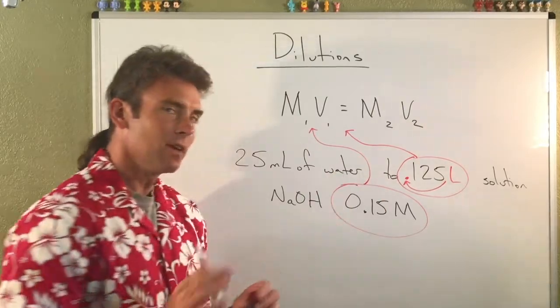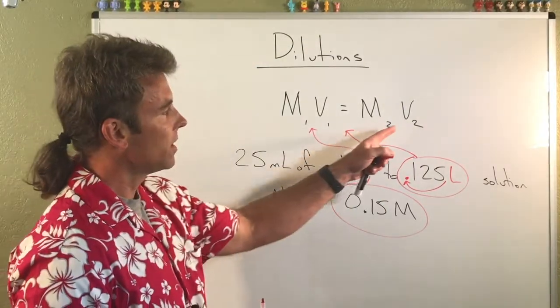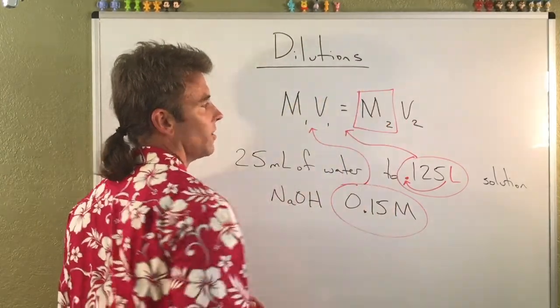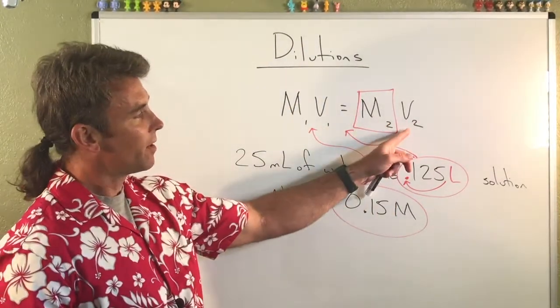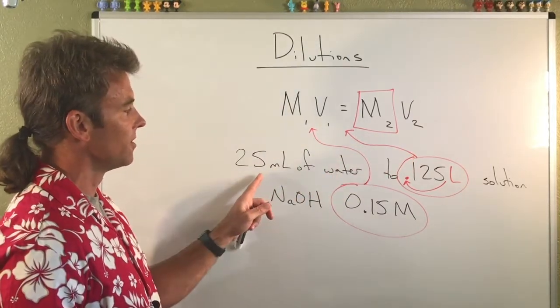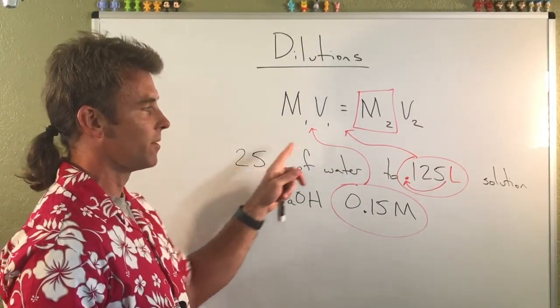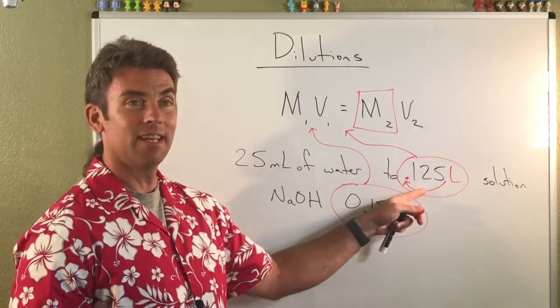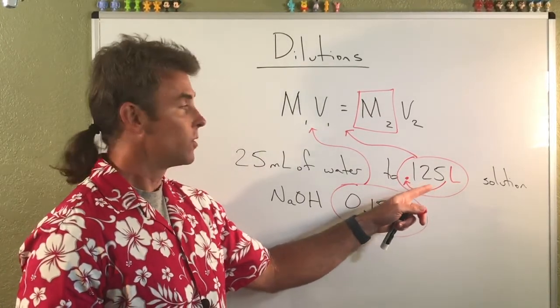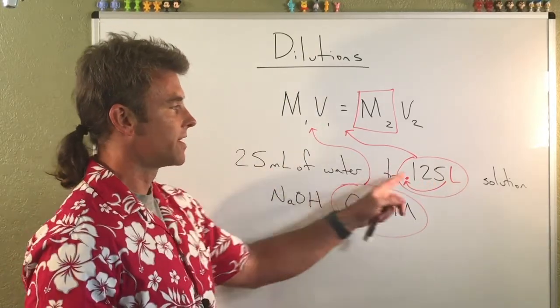The thing you have to think about a little bit is, obviously we're going to be solving for molarity here, this being a dilution question. What are we going to plug in for V2? If you think about what you're doing here, you're physically taking 25 mils of water and adding it to that 125 milliliters of solution. So you really have to add both of these together, right?